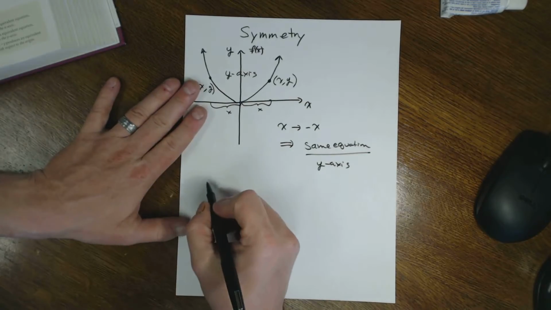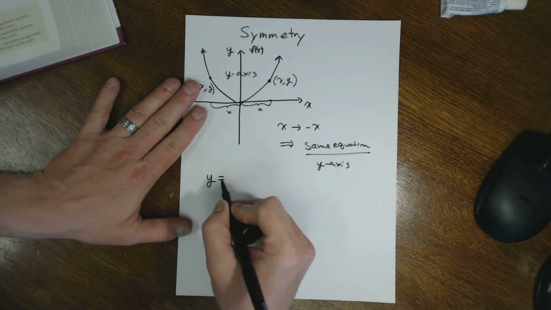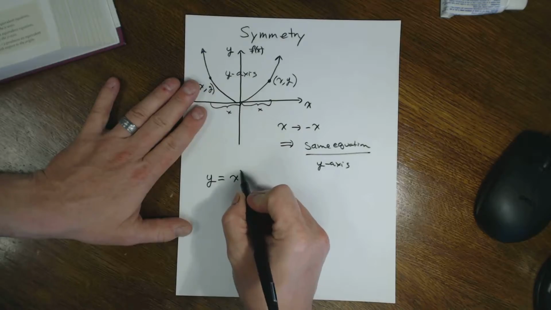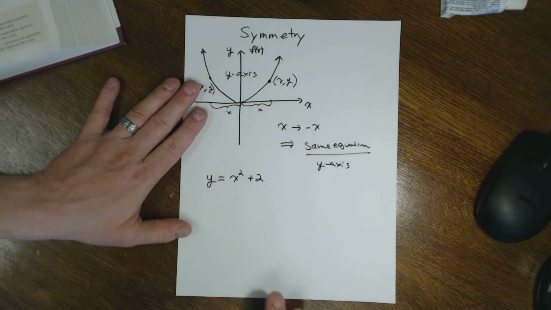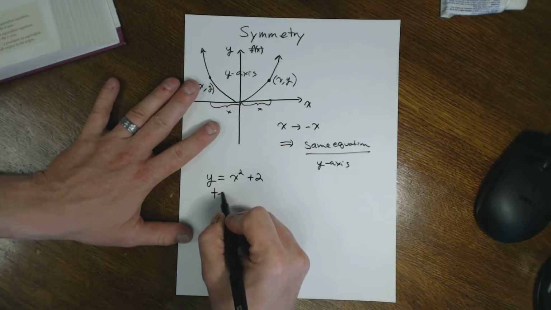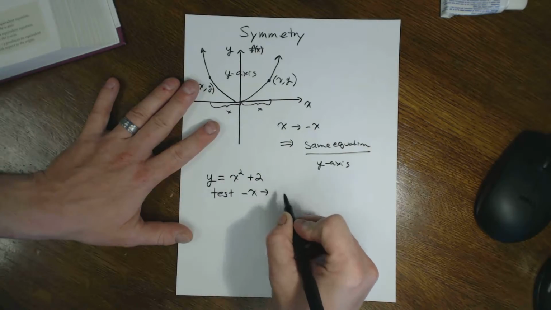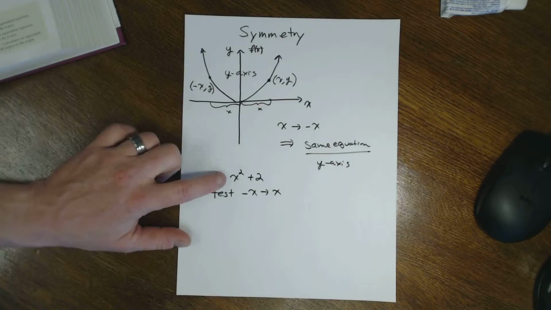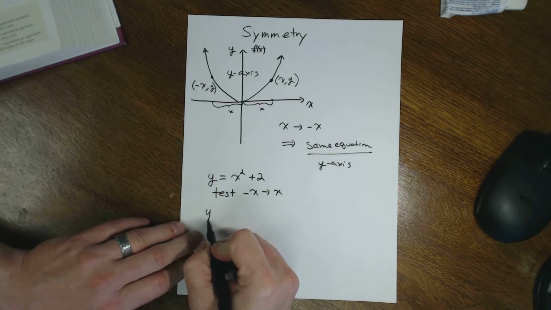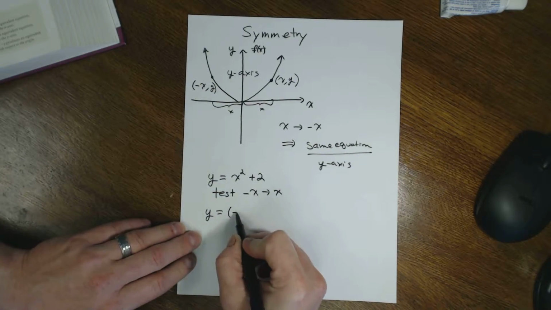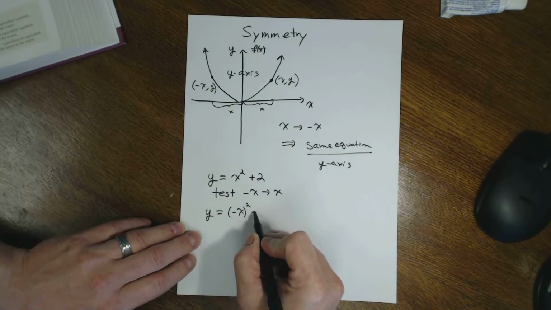For example, let's say I had y is equal to x squared plus 2. To test for symmetry, I'm going to take minus x and replace it with x in this relation. Y is equal to minus x squared plus 2.